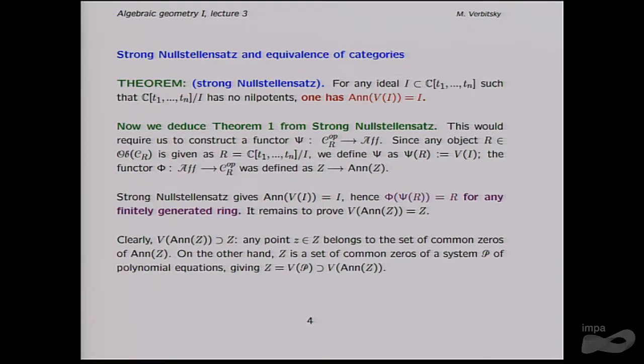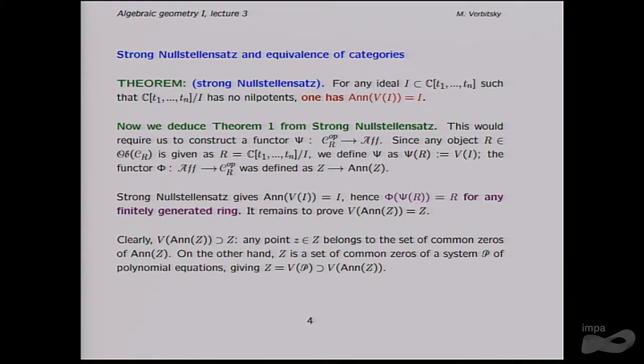Except that the definition of equivalence of categories is tricky, because a category which has countably many objects, which are isomorphic, is equivalent to a category which has just one object, which is isomorphic to itself. So equivalence of categories is a non-trivial notion.